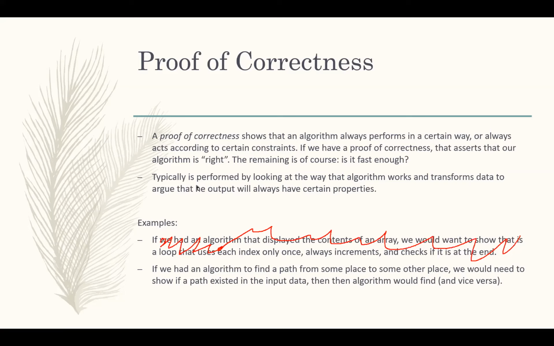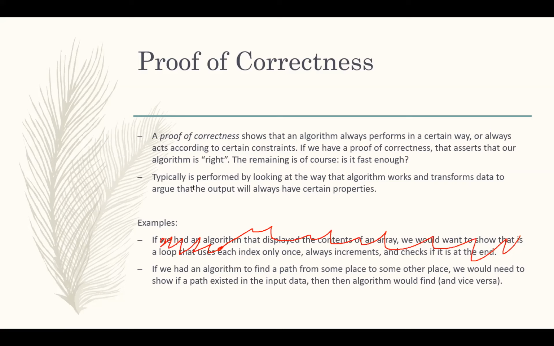That's actually a really hard one, because if I want to find a path from home to school, I have a million different options for how I can get there. So your proof for that would be really complicated, to assert that if there is a path, I always find one, given that I have to say that every single option is tried. That's kind of a difficult thing to argue, but again, you can do it.